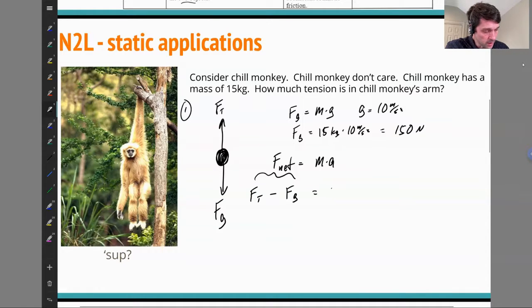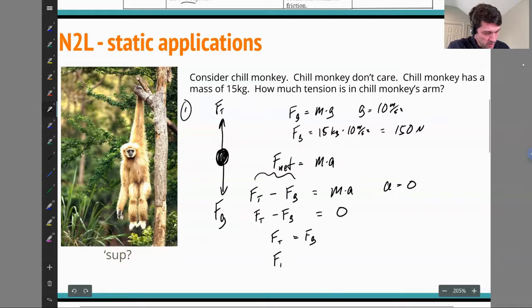Those two together equal mass times acceleration. As you could probably tell from this monkey, the acceleration is 0, so those net forces add up to 0. The tension force minus gravitational force equals 0. A quick rearrangement: force of tension equals force of gravity, and so we find that the force of tension equals 150 newtons.